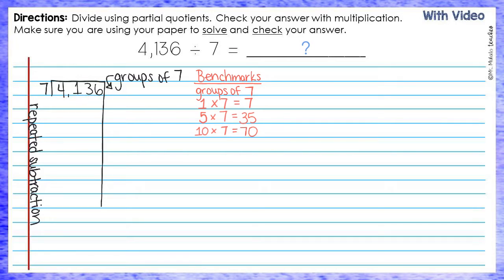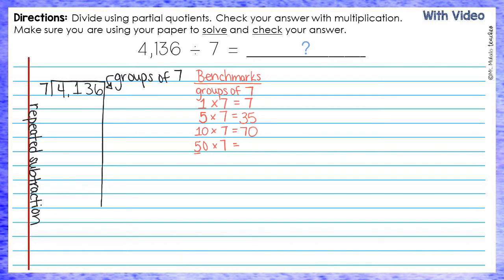4,000 is much larger than 70, so we're going to keep looking for larger benchmarks. So we know what 1 times 7 is and 5 times 7. So let's try 50 times 7 because that will let us use our patterns of 10 and we can easily figure out what 50 times 7 is because we already know what 5 times 7 is.